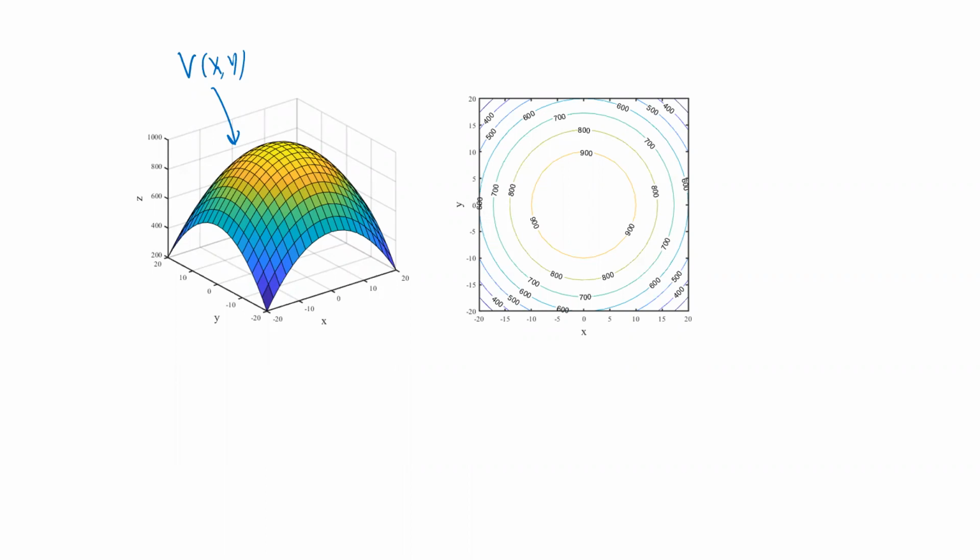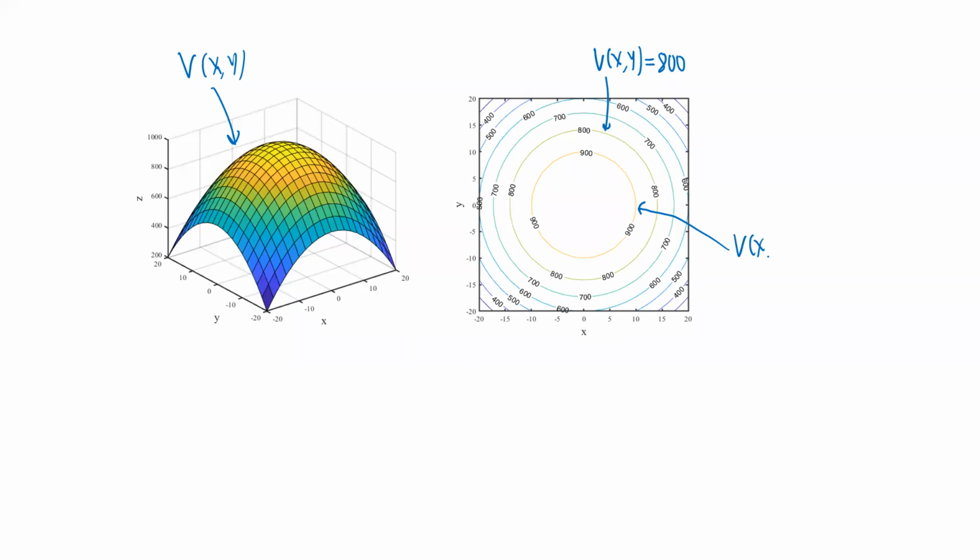Okay, the equation of the contour line. So in this case, which are all these circles, you know exactly the equation for this contour line. So for example, this one is V(x,y) equals a constant, right? So this line specifically, this line 800, for example.